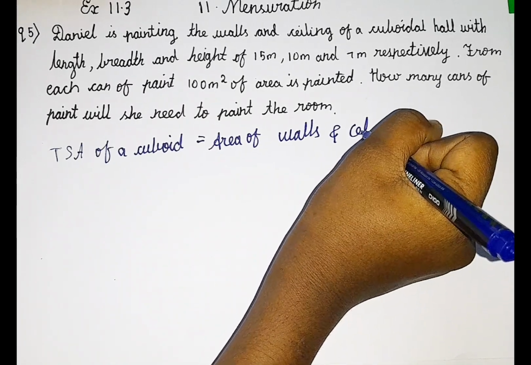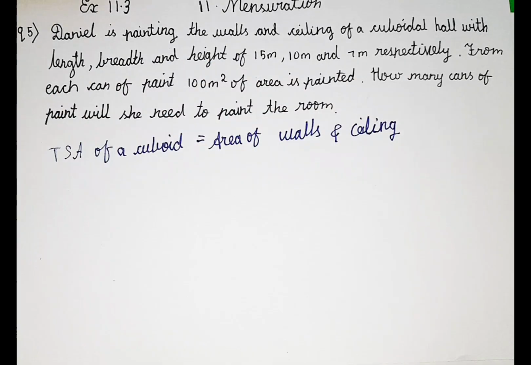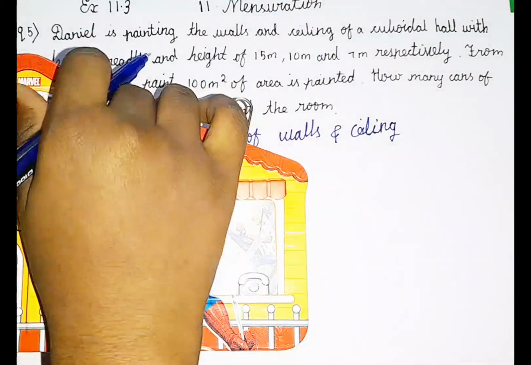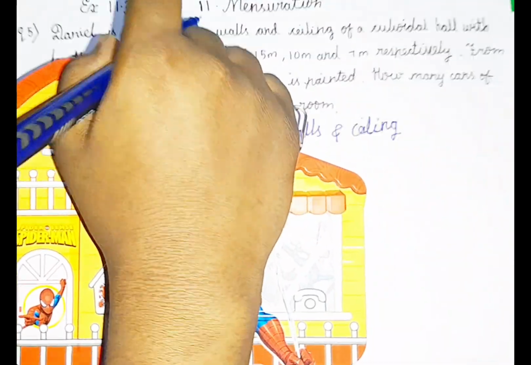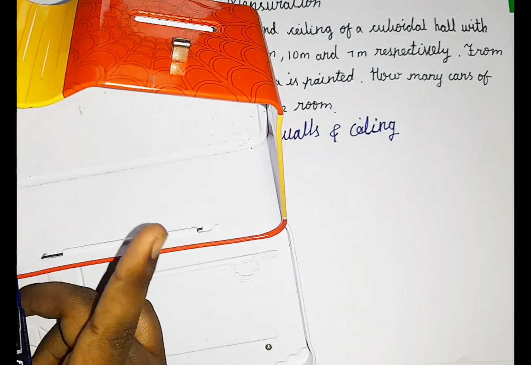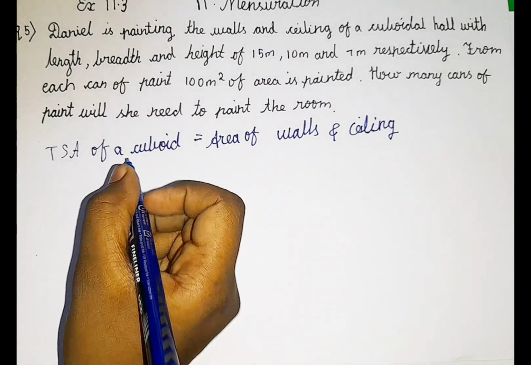Here again let me show you guys the example. So here you guys can see in this house, we are going to leave except the down part, am I right? So only the bottom, only one place is left. So we can also write it as TSA of cuboid minus the bottom.